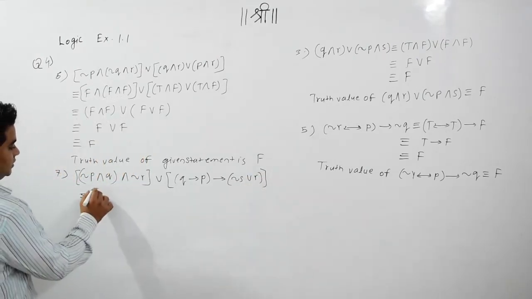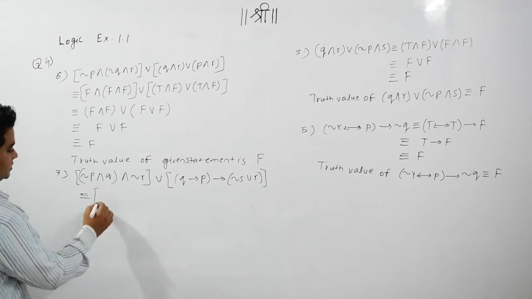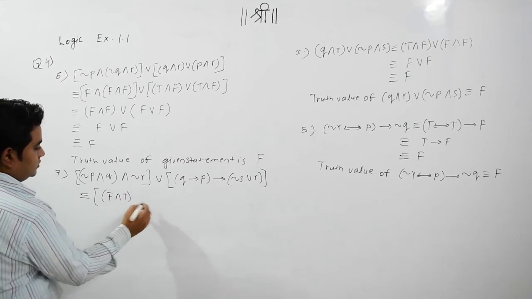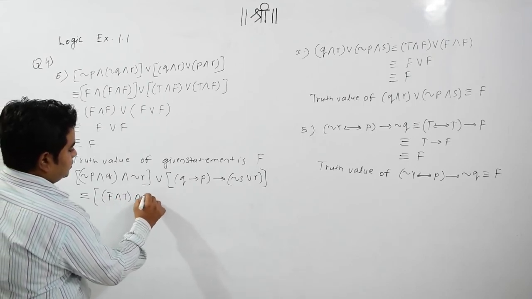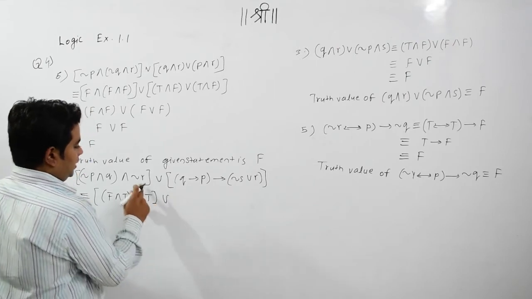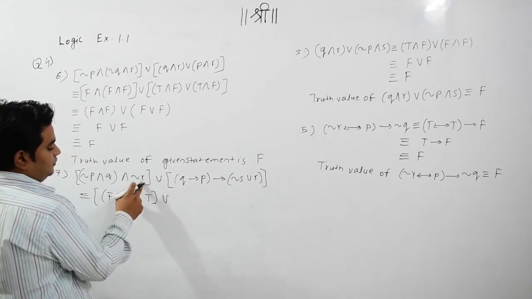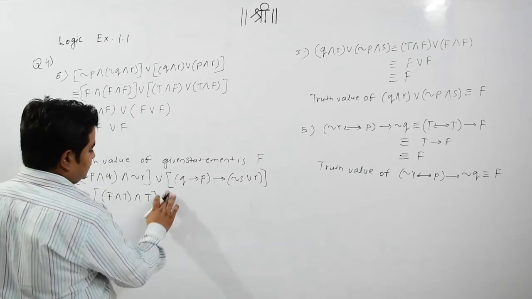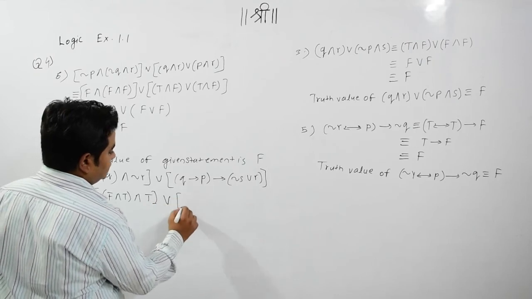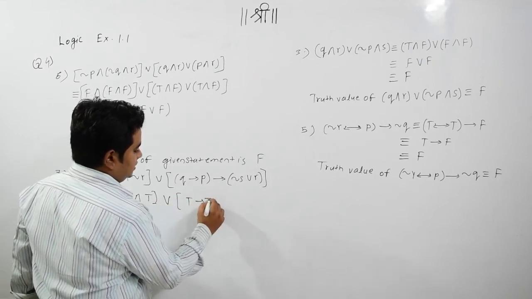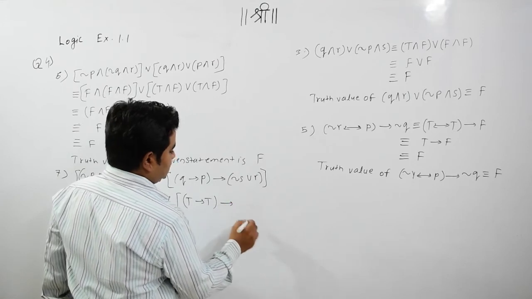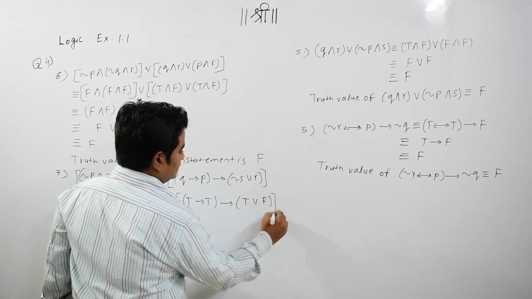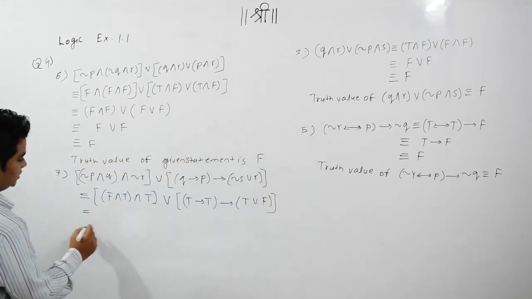Simplifying it, what will we get? The values are false, true, true. Why? Because R is false and negation of false is true. So I'm writing that directly, not putting any sign over there. And T implies T, again, implies T or F. Now use our initial logic.